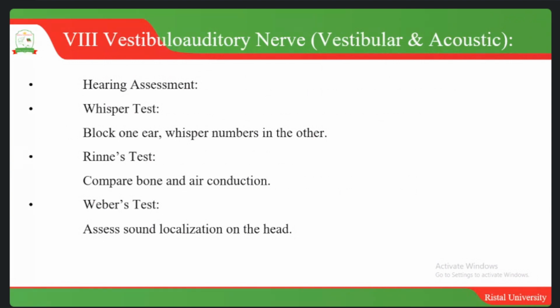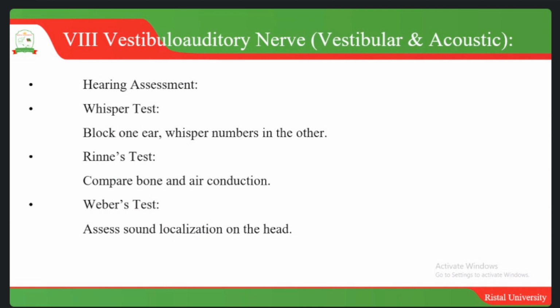So you tell the patient to close one ear, then he covers one ear, then you whisper to him maybe one. Then the patient will be able to tell you, you have mentioned one. But some of them, when you ask, cannot even remember what you have told them. Then for the Rinne's test, you compare bone and air conduction.